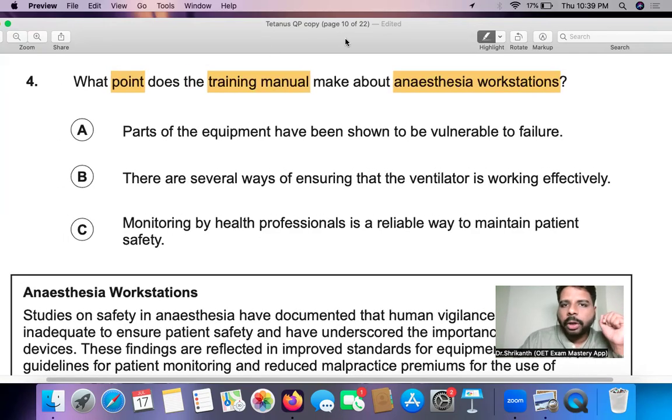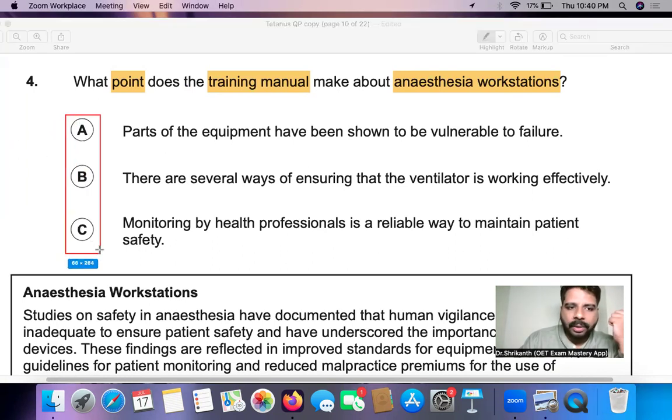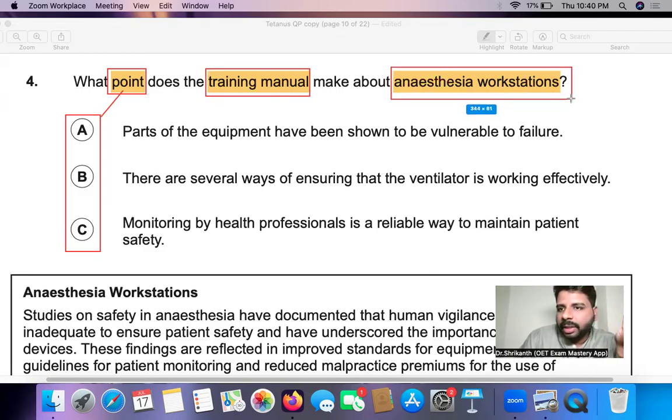So what are answer option A, answer option B, and answer option C? All of these are points, particular messages. Option A is one message, option B is one message, option C is one message. And from where are we getting these messages? We are getting these messages from this training manual, and this training manual is talking about anesthesia workstations.